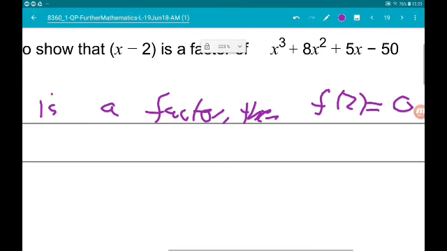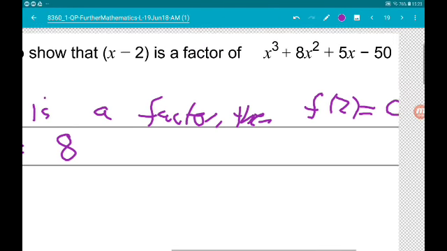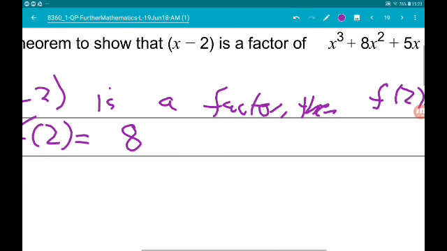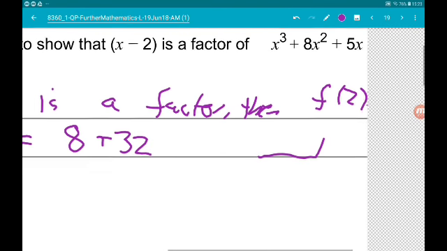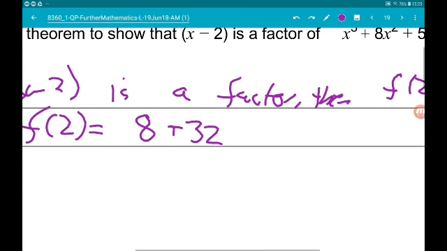So, we get 2 cubed is 8, so f of 2 is 8, and then we got add 8x squared, 2 squared is 4, 8 times 4 is 32, and then we got add 5 times 2, which is 10.